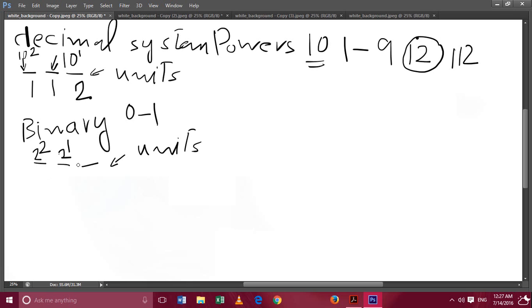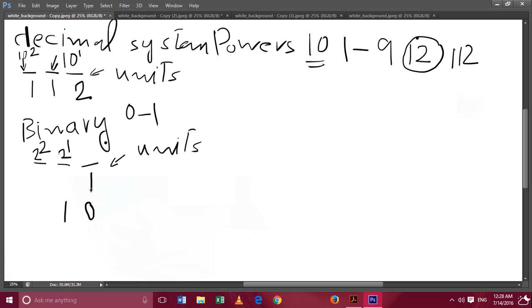If I wanted to express 1 in the binary system, I'll put 1 here in the units place. If I wanted to express the number 2, there is no symbol in the binary system that expresses the number 2. So all I need to do is put 0 in the units place and 1 in the 2's place, or 1 in the place whose value is 2 raised to the power of 1.